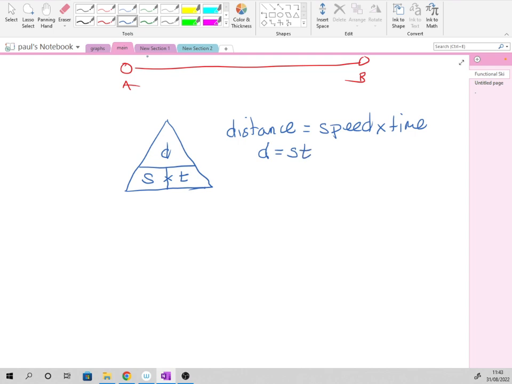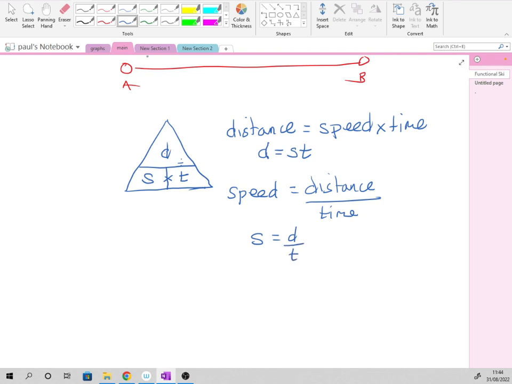Yeah? Now, if we want to find the speed, which is this one down here, and there's only three different options, so there's a divide there. The speed is the distance divided by the time. So that's the distance divided by the time, or the speed equals the distance over time.